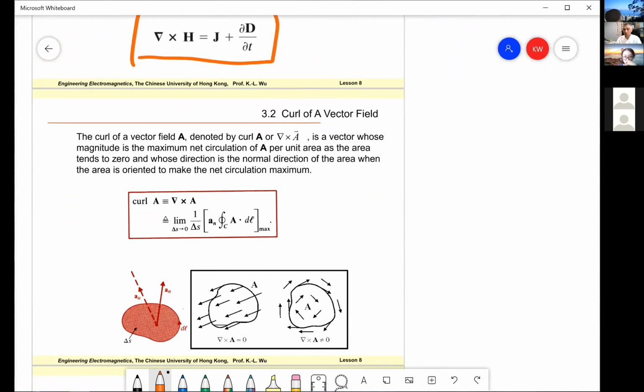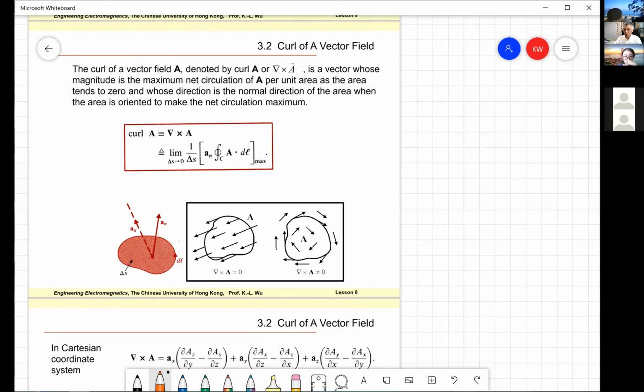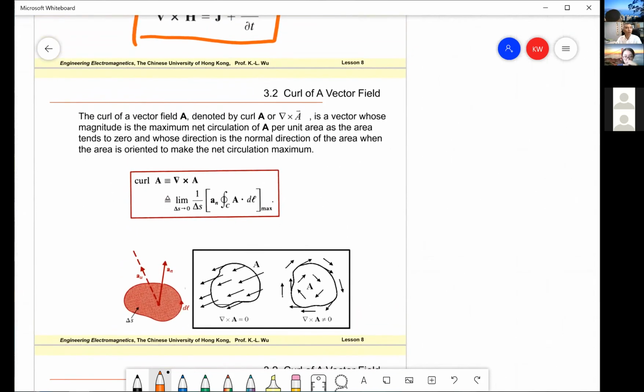Because we are going to use some important vector identities, before we deal with them, let's come back to the mathematics. What does this mean?